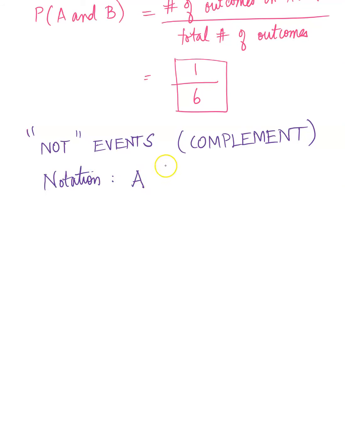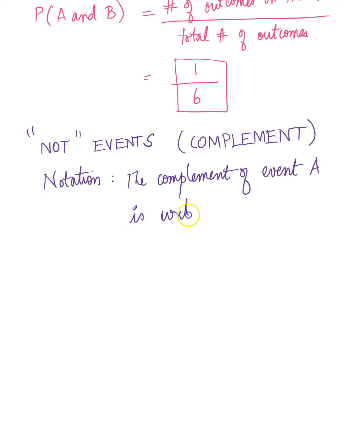If A is an event, I'll just say the complement of event A is written as A with a dash, right, or a stroke. We call it A prime. It is read as A prime. Or sometimes the books use the bar, A bar. Okay, so that's the notation here.